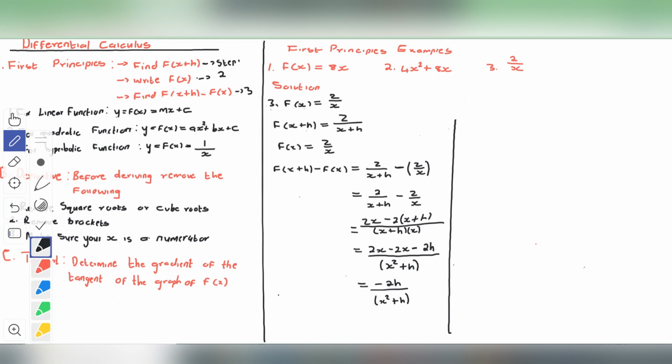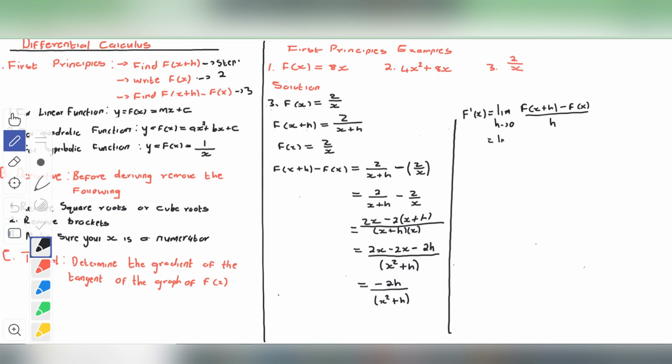What we are going to do is write our equation, right, guys? So don't forget that. So our equation is f prime of x equals the limit whereby h approaches 0 of f of x plus h minus f of x, all over h.